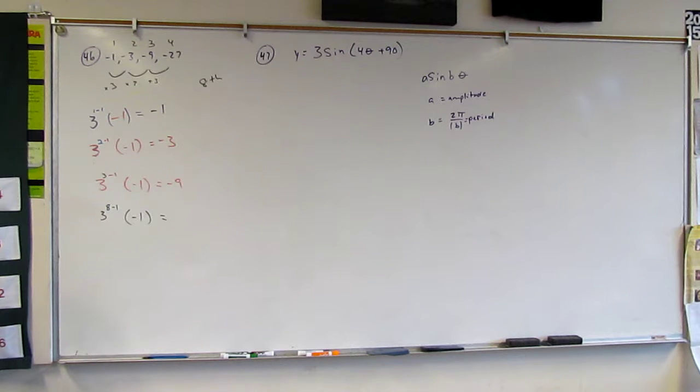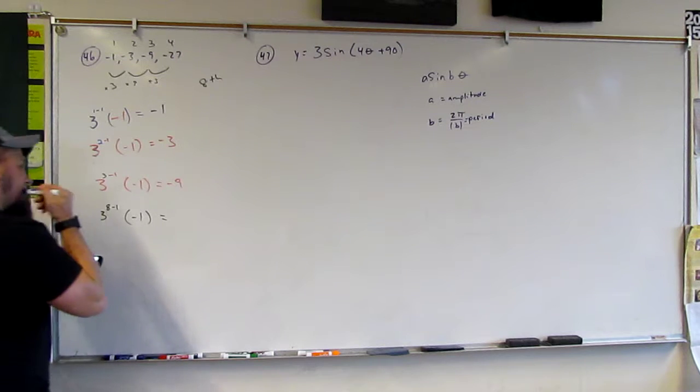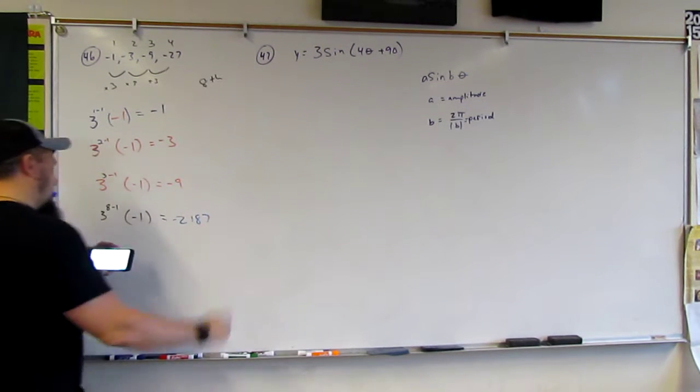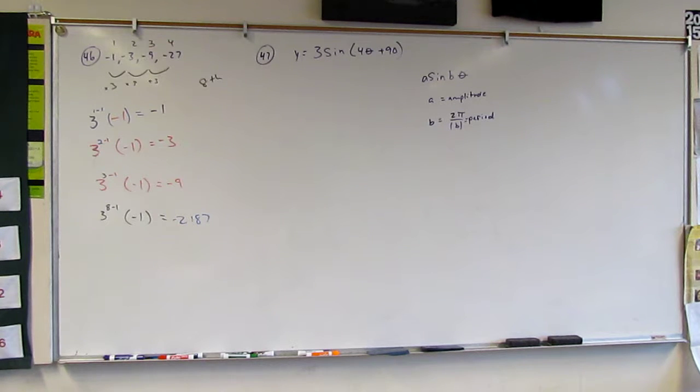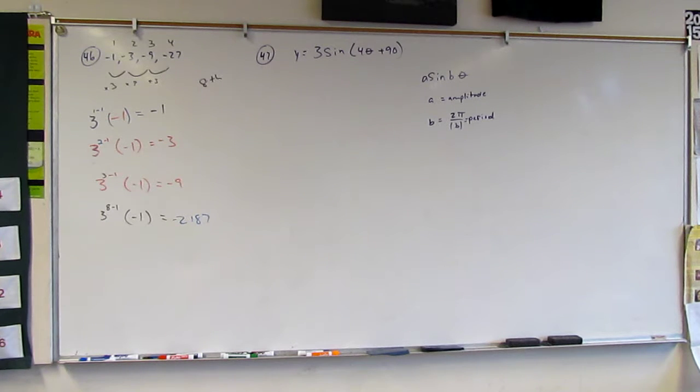It's 2,187. Well, I was trying to prove it 7 times. Okay? But where do you do 7 times 7? You take 3 seven times.